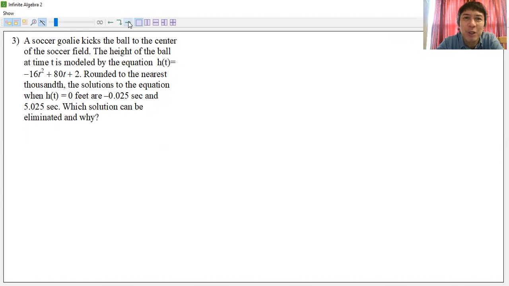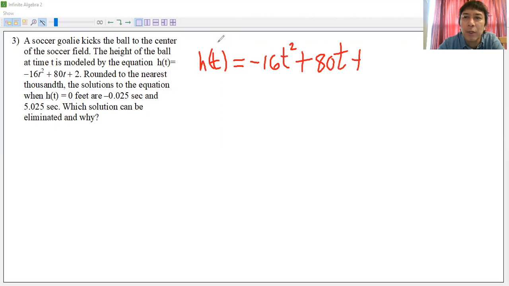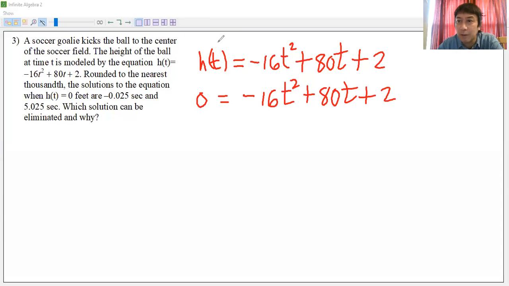Again, we're going to consider the equation here, which is given as h of t equals negative 16t squared plus 80t plus 2. And then the solutions of this, when h of t is set to 0, it becomes a quadratic equation, and this is parabolic. To explain this, this one has a negative there.